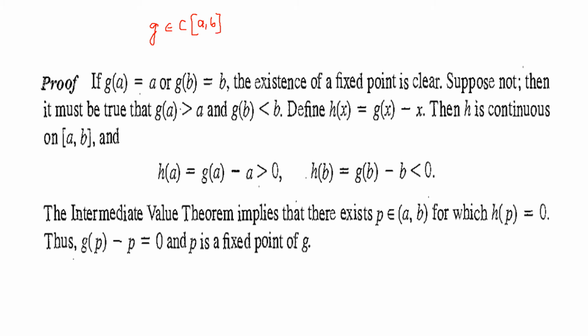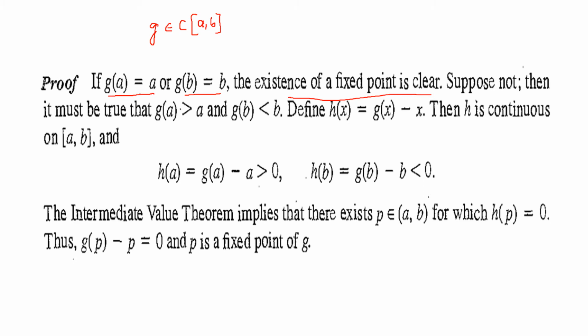There is possibility that g(a) is equal to a or g(b) is equal to b, because the function belongs to [a,b] for all x belonging to [a,b]. If one of these possibilities holds, then the existence of fixed point is clear. We need not go ahead.